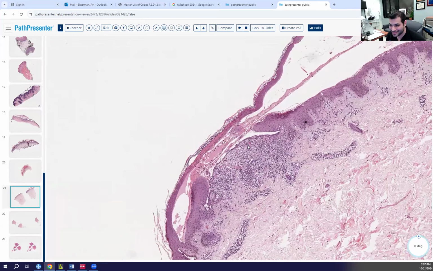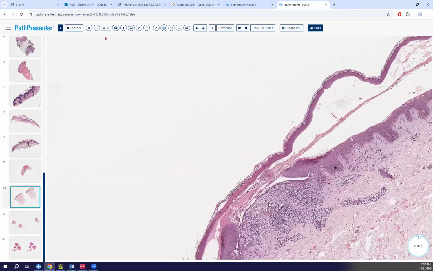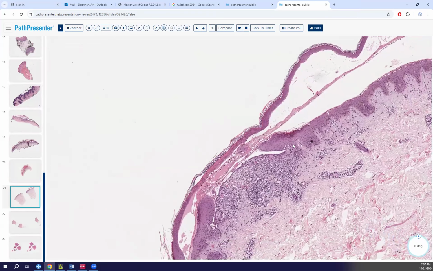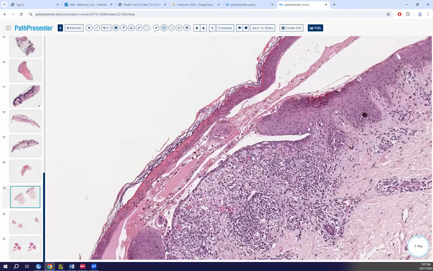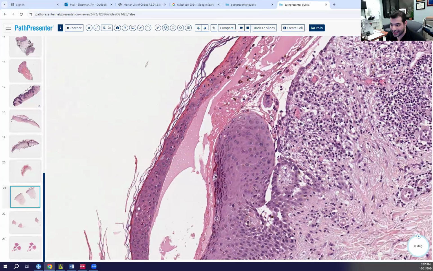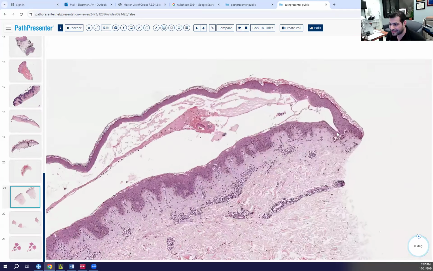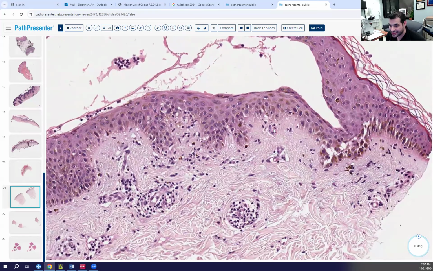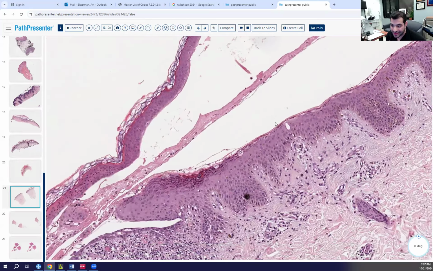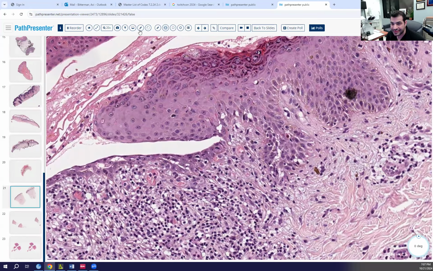And this? Again, intraepidermal, inflammatory, like a concentrated area here. You get a little bit over here. So similar story, but there's another thing going on here.